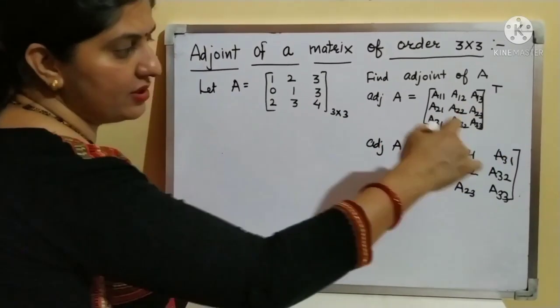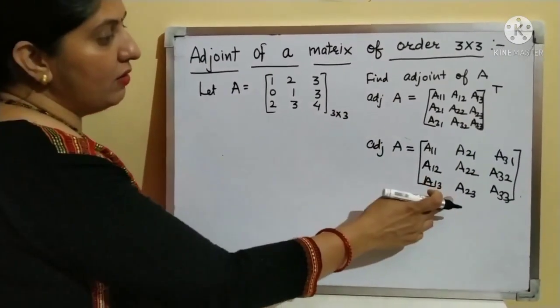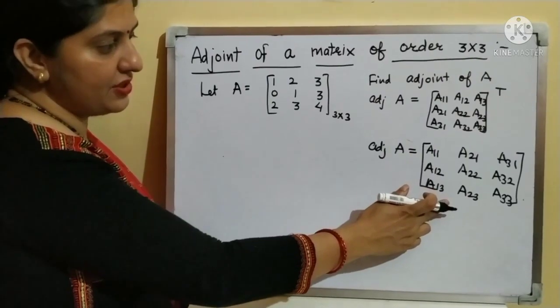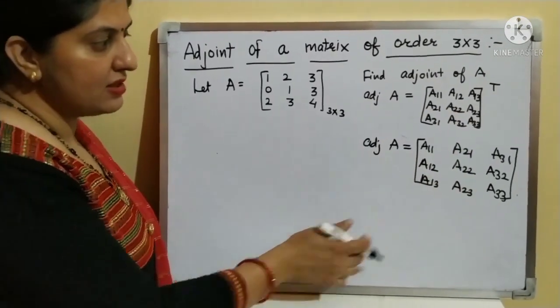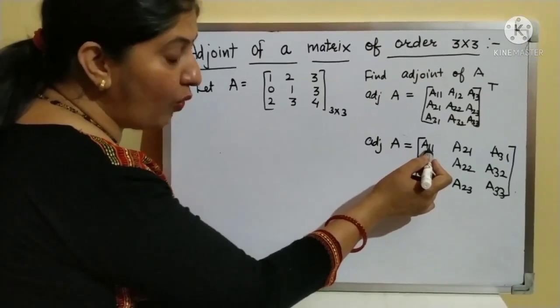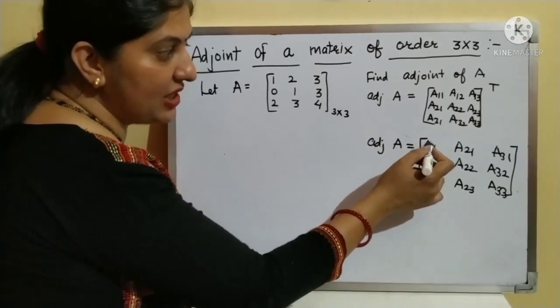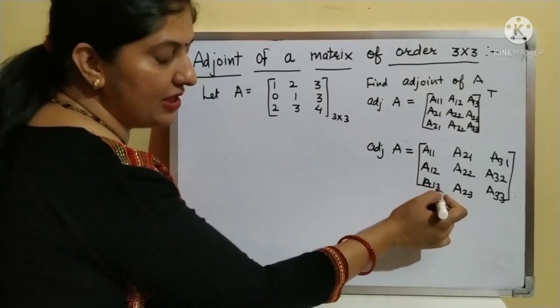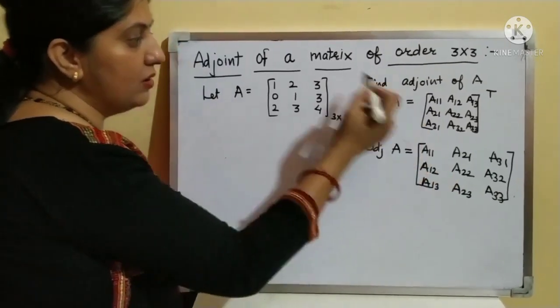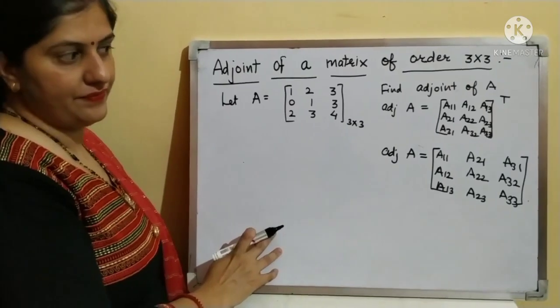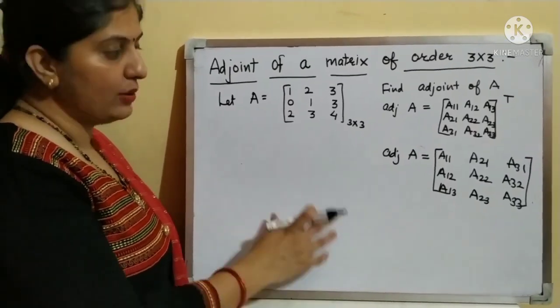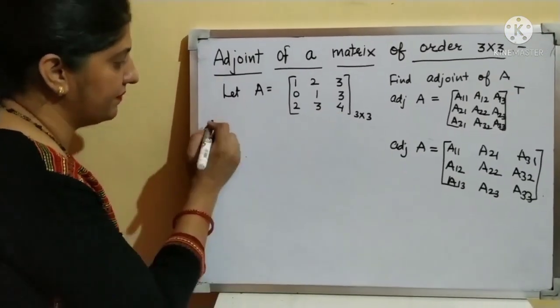We have to find this matrix. For finding this matrix, we have to calculate all the terms, which means we have to find the cofactors, capital A11, A12, A13, of the elements of the given matrix A. So just start calculating cofactors.